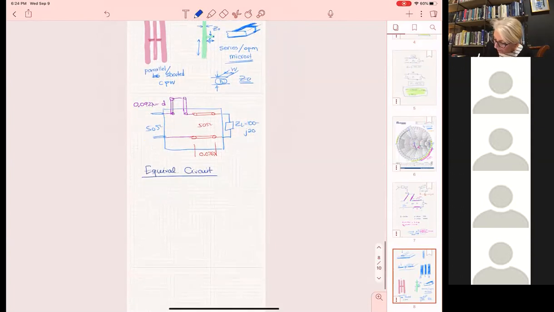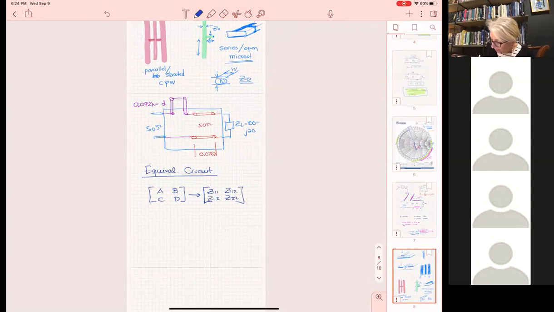The best way to find the equivalent circuit is to start with A, B, C, D, and then from there to find Z11, Z12, Z21, Z22.